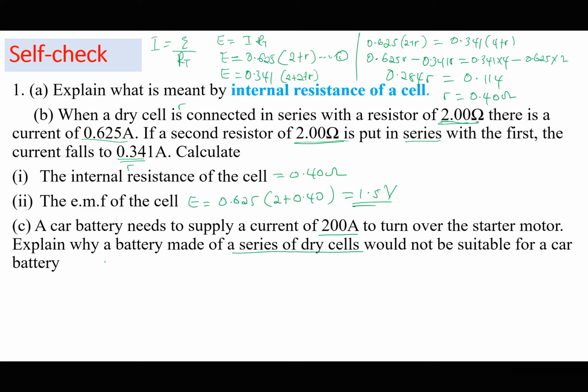So the internal resistance of the cells reduces the PD across the motor, which affects starting the motor.